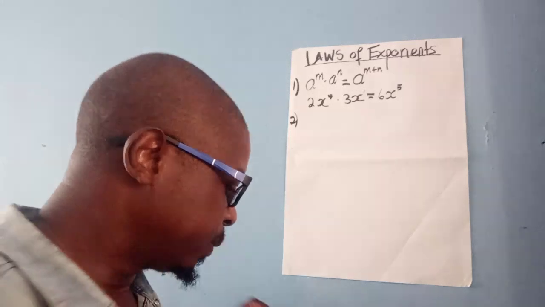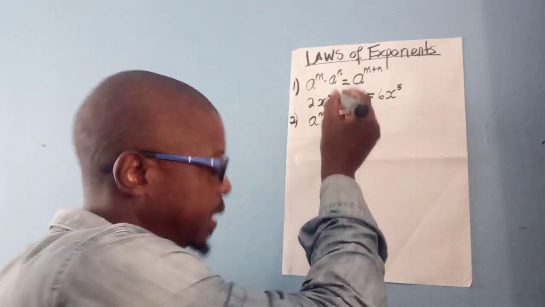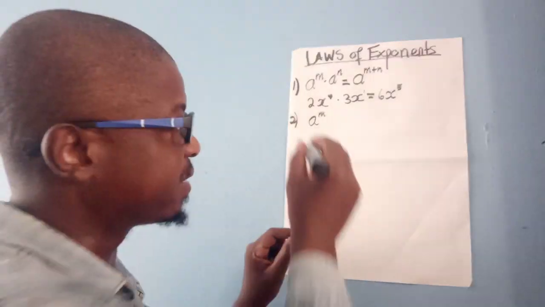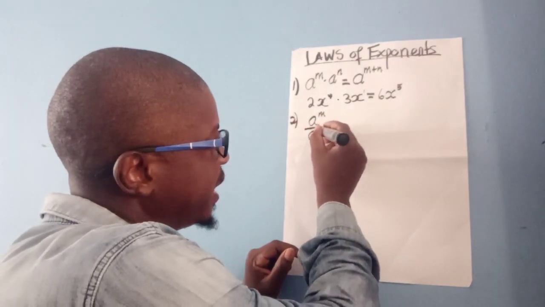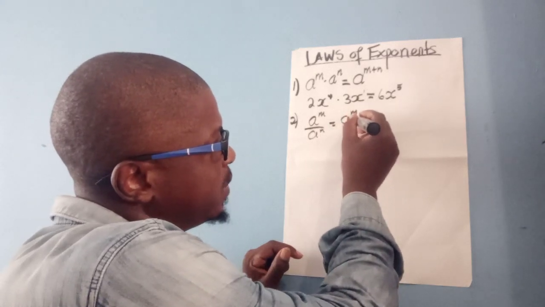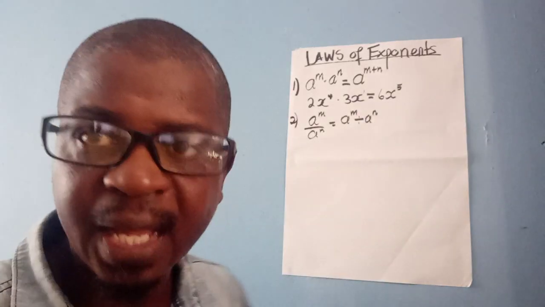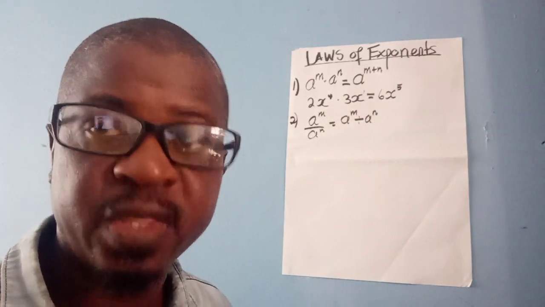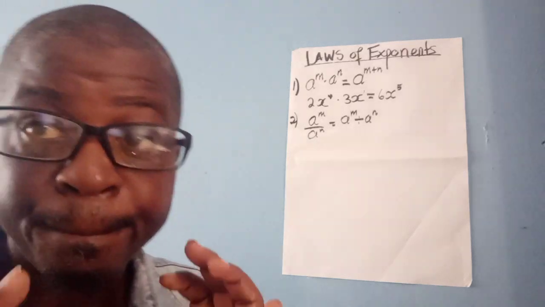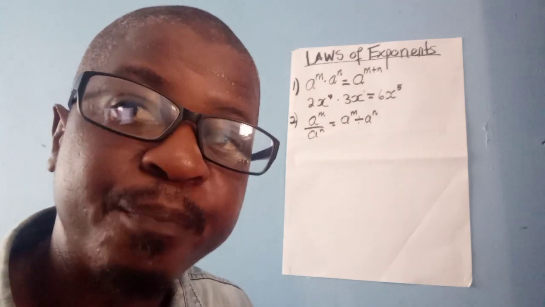The next law is a to the power of m divided by a to the power of n. That is our second law. So the first law, we are multiplying the same base. The second law, we are dividing the same base.